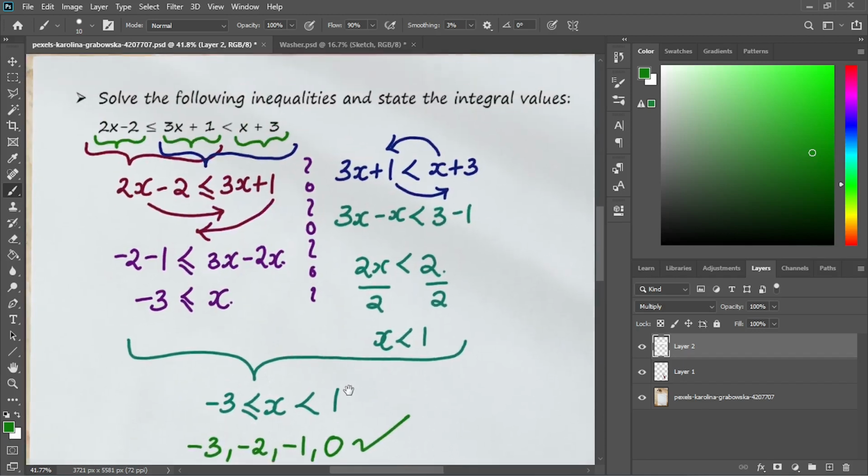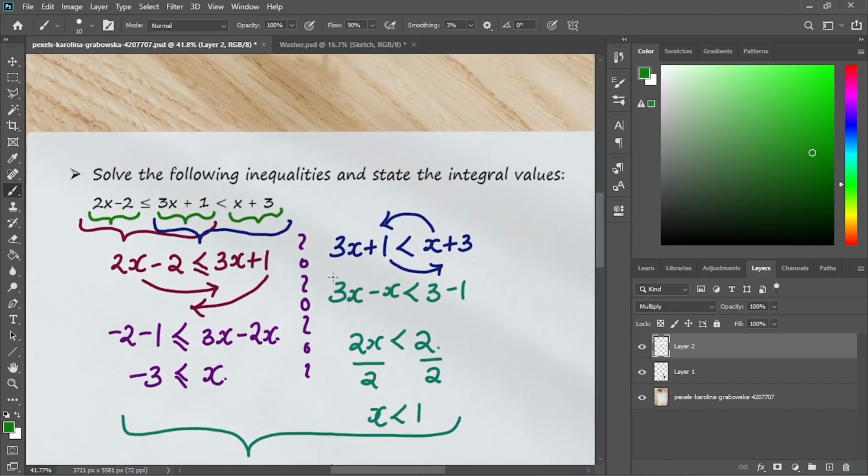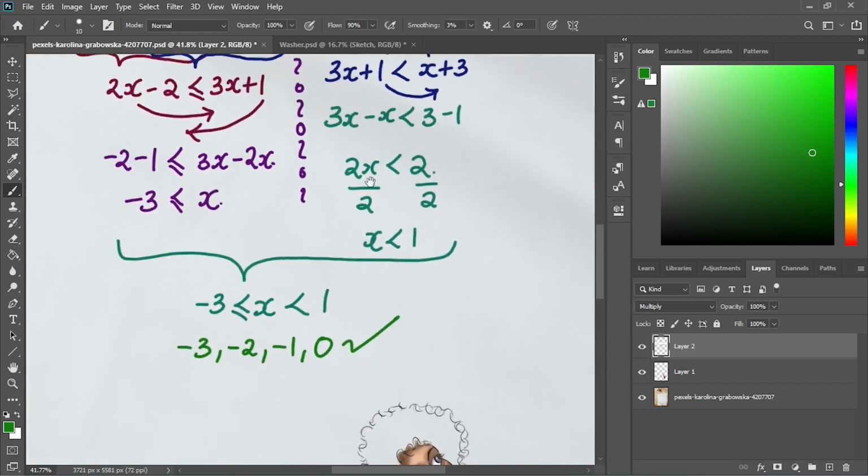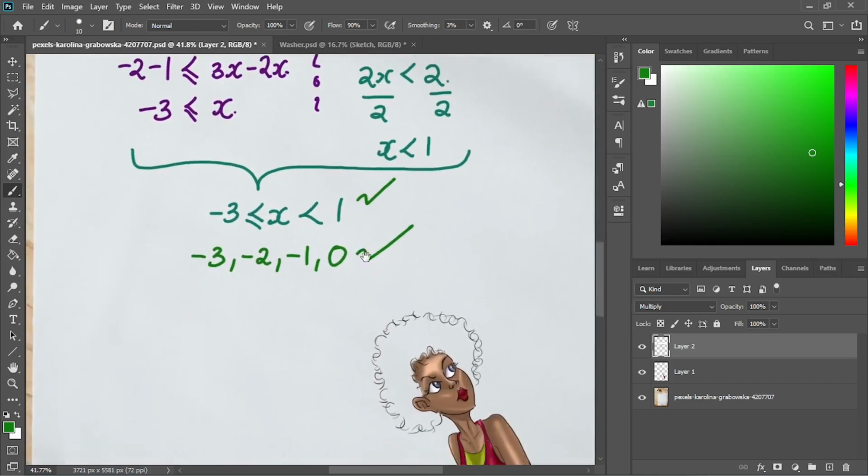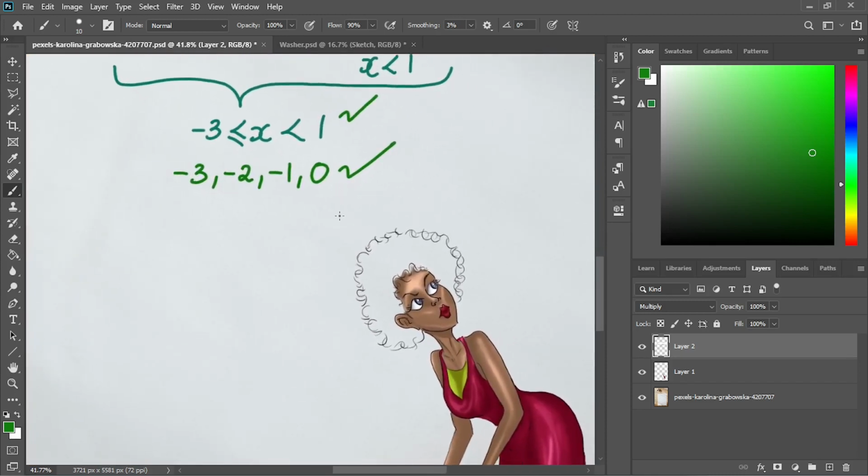So in short, when you're working out questions of linear inequalities, you work out the first two together first of all, and then you work out the last two together second of all, and after doing that you combine the two into a compound statement and then you express your answer. And your answer can be expressed in how many ways? Number 1, you can give your answer on a number line.